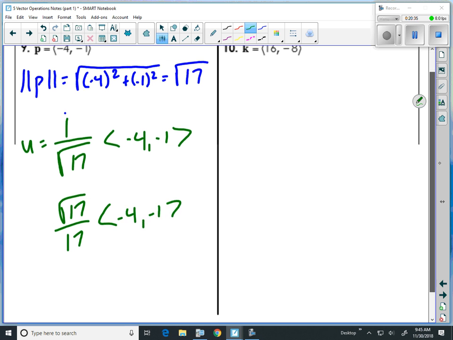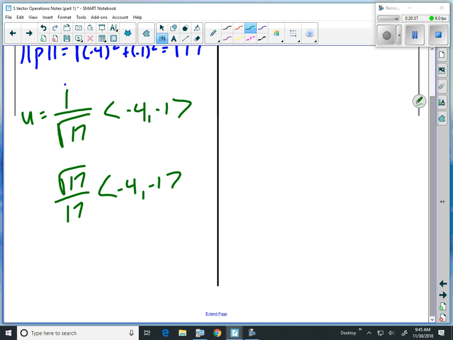Now we can multiply. Some people are not really sure about multiplying with a radical, what that looks like. Here's what happens. When we do radical 17 over 17 times -4, the -4 goes to the numerator. But that -4 and that square root of 17 are not like terms, so you cannot combine them.